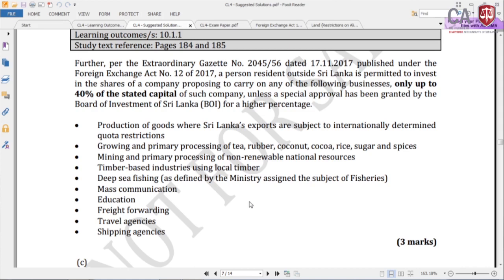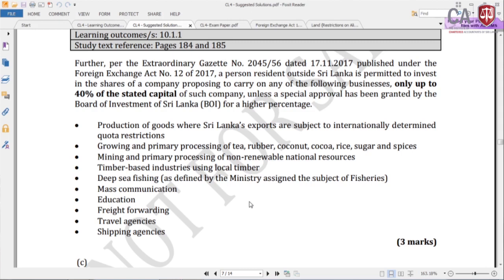So, what are they? Production of goods where Sri Lanka's exports are subject to internationally determined quota restrictions. He can go for an investment of production of goods where Sri Lanka's exports are subject to internationally determined quota restrictions, like this GSP plus system. Then growing and primary processing of tea, rubber, coconut, cocoa, rice, sugar and spices.